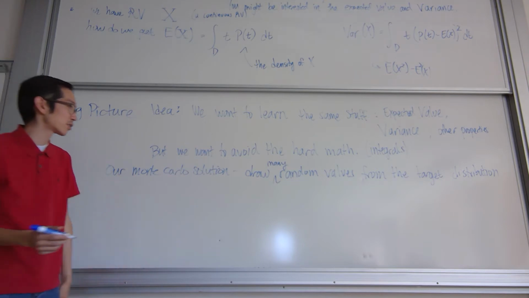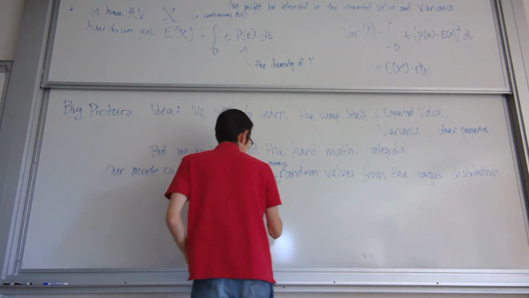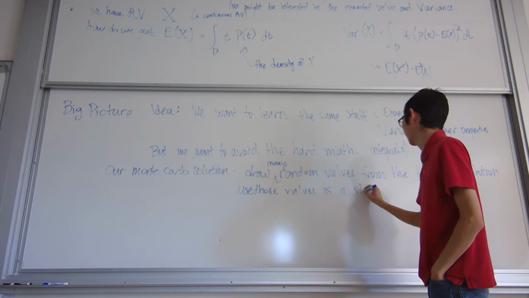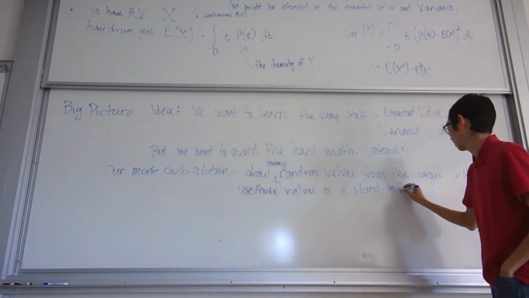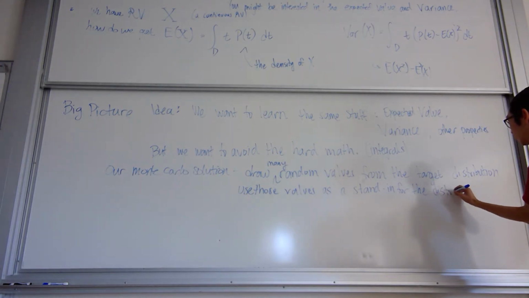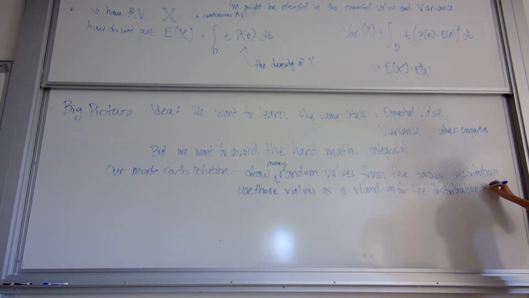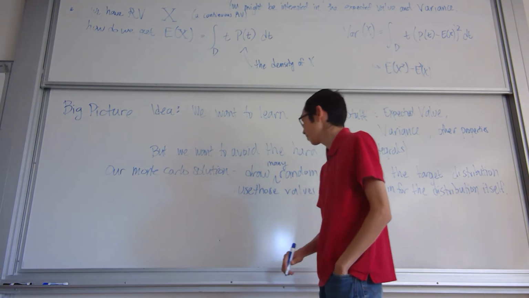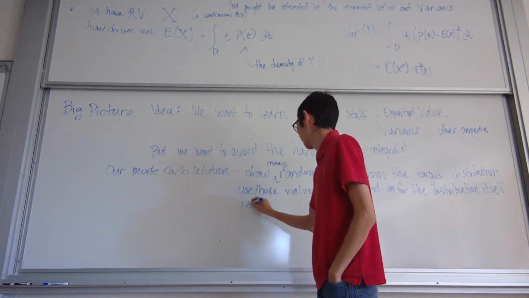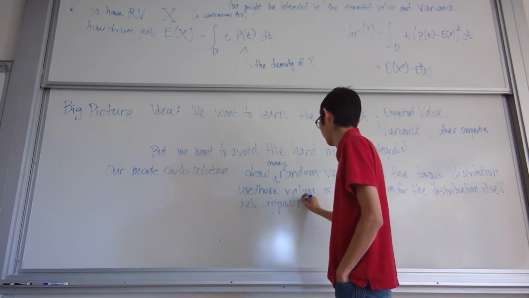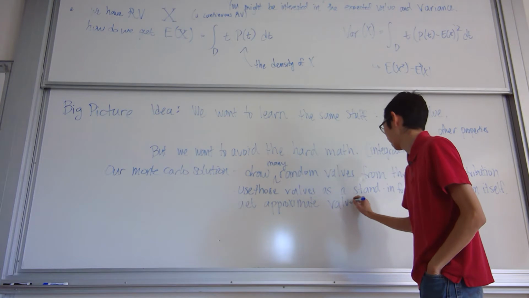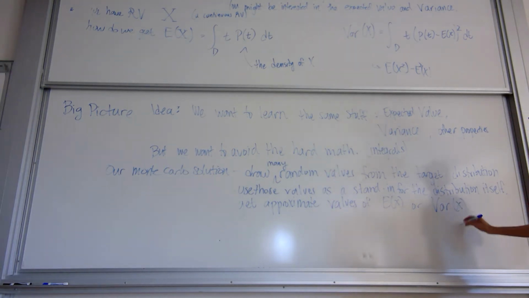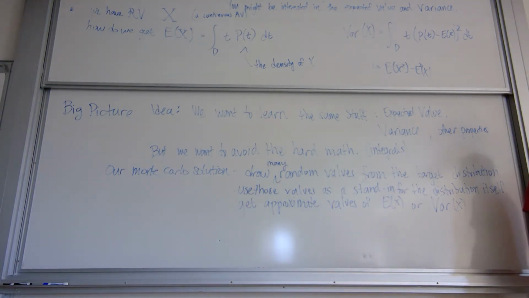So draw many values from the target distribution, use those values as a stand-in for the distribution itself, and then get approximate values of the expected value or variance or whatever else it might be. Okay.